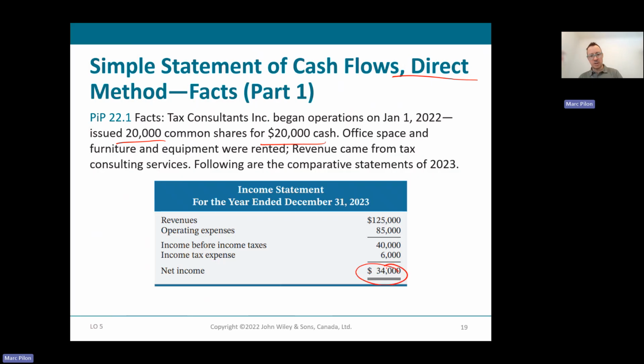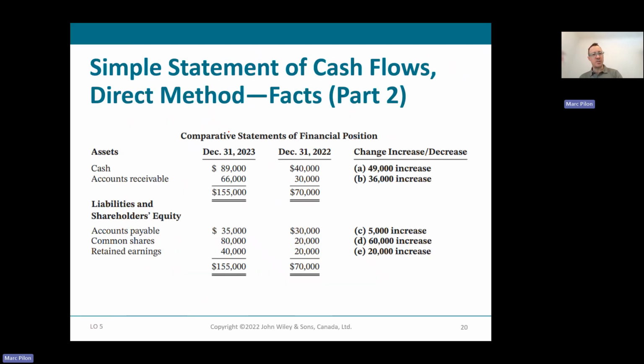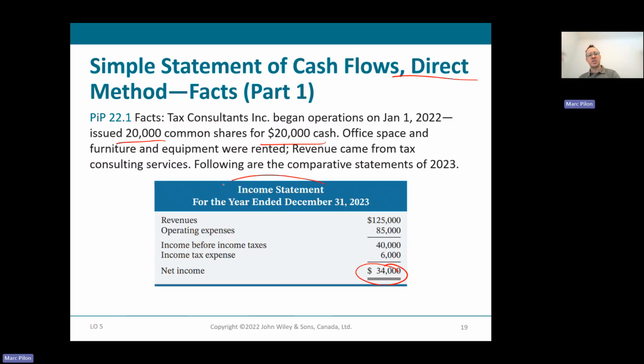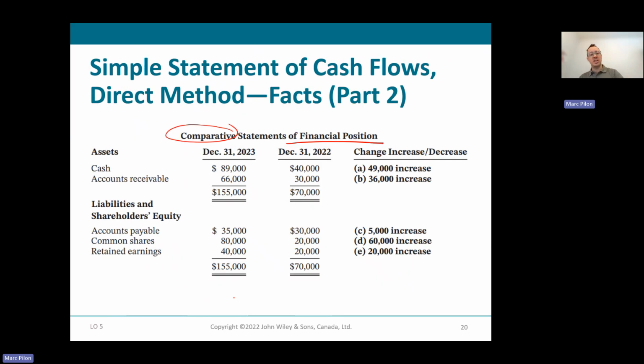So we have our net income here, and then we have comparative balance sheets. We don't need a comparative income statement, but when preparing a statement of cash flow, we do always need comparative balance sheets, or statements of financial position.